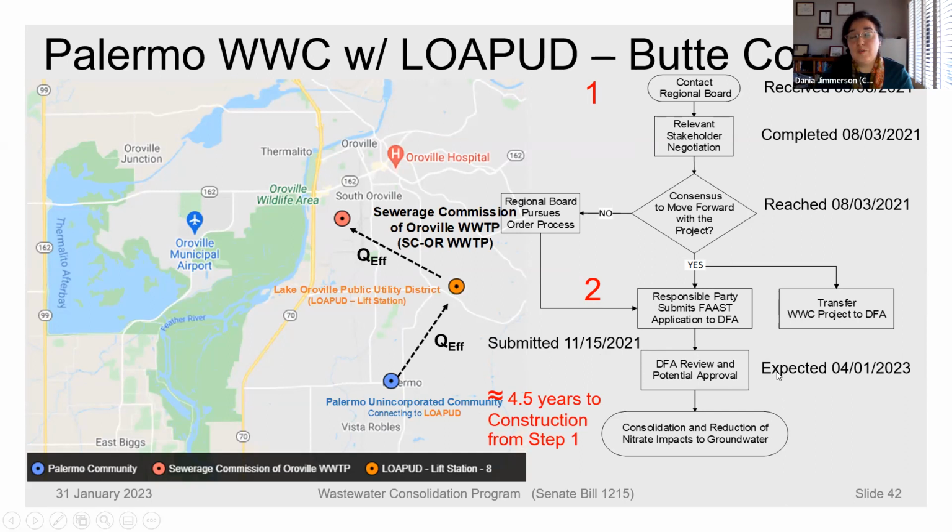This is the planning application. They are expected to have a funding agreement for the planning application phase by maybe April, May, or June of this year. So that's a long time to wait just for the planning application process. So this could be reduced substantially if they had a technical assistance provider at the time.